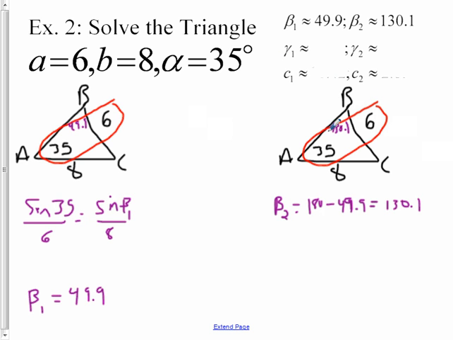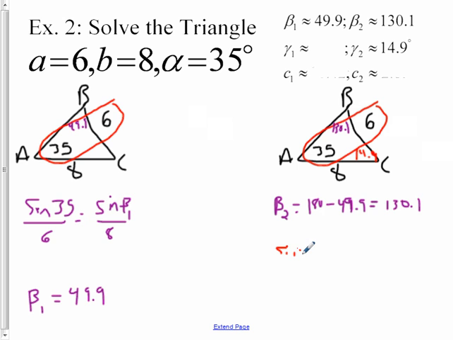So then what I would do next, I would find this missing angle measure, because it's the easiest to find. So you're at 165.1, which means you're looking at 14.9 for that small angle. And then you would set up the law of sines using that small angle measure.